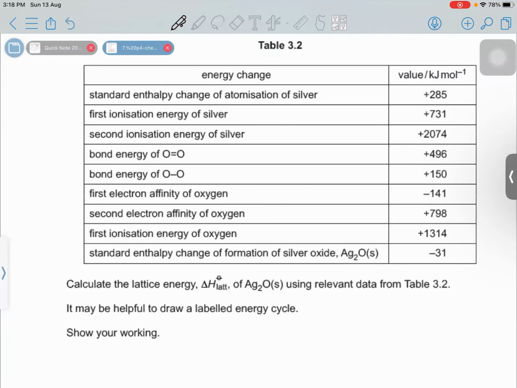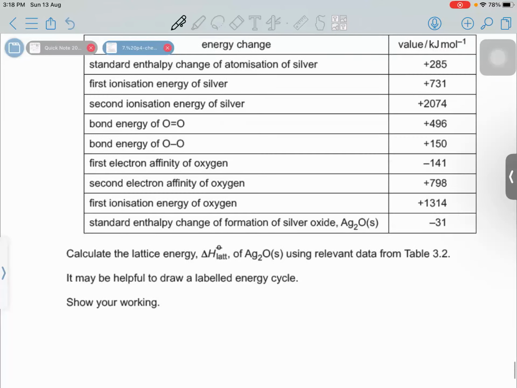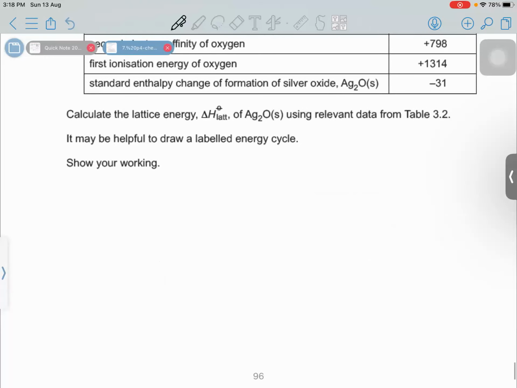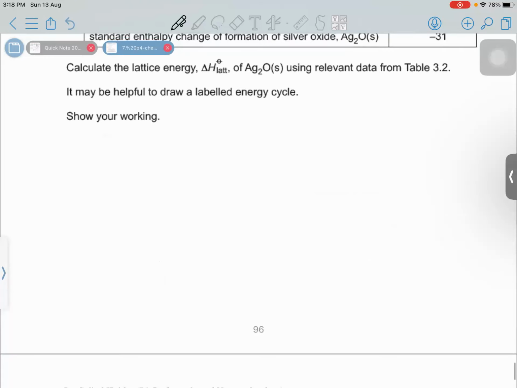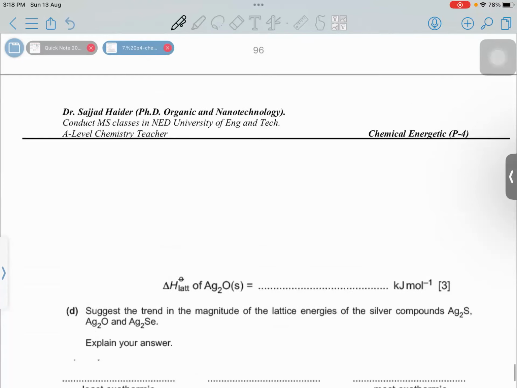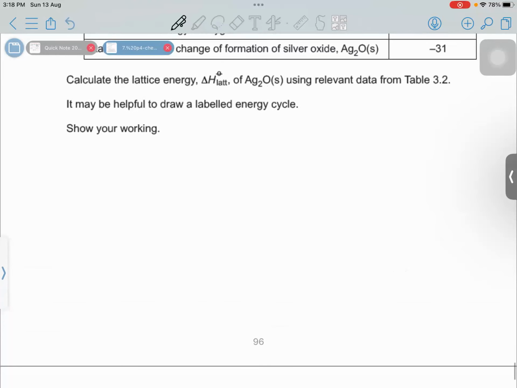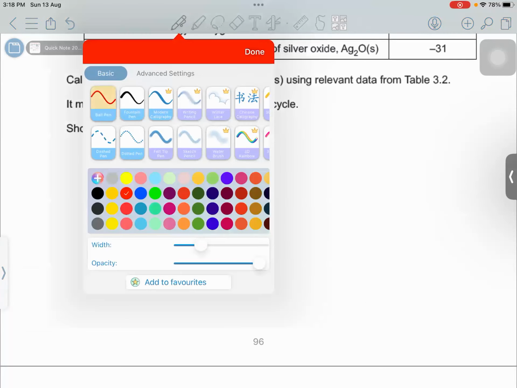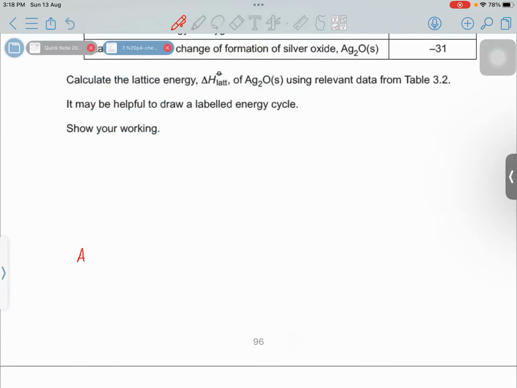Now, Born-Haber cycle. Again, same question. Now we have Ag2O. Let's start from the silver. Silver solid. How many silver atoms do you have in this question?